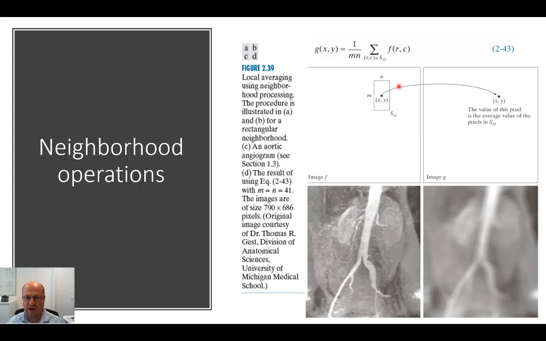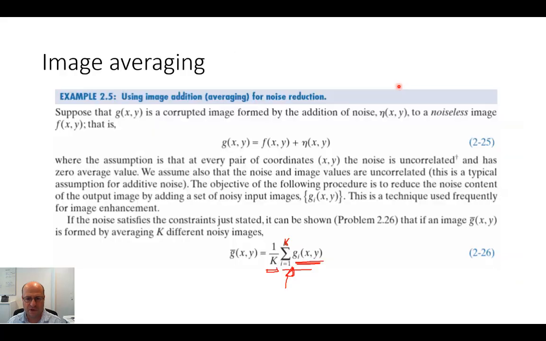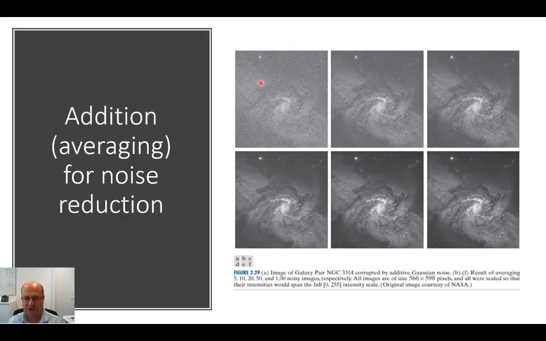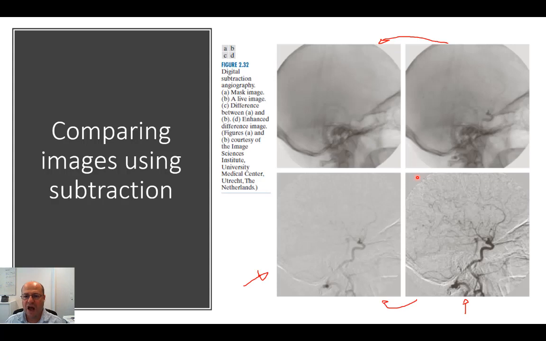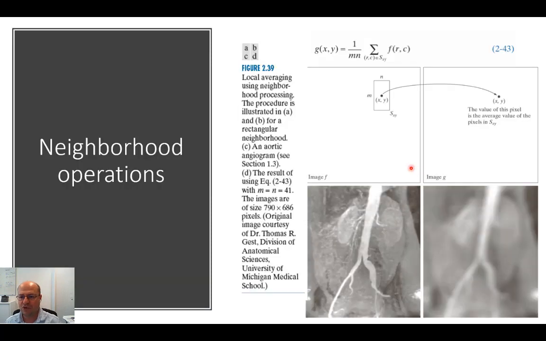For instance, we're talking about averaging. In this case, we averaged the whole image. I summed up the whole image 20 times and then divided by the number of images. I could do the same, but on a neighborhood. So I can average the values of the neighborhood, or basically I sum all of the intensity values of every pixel in this neighborhood in the matrix, and apply the average obtained to this pixel.